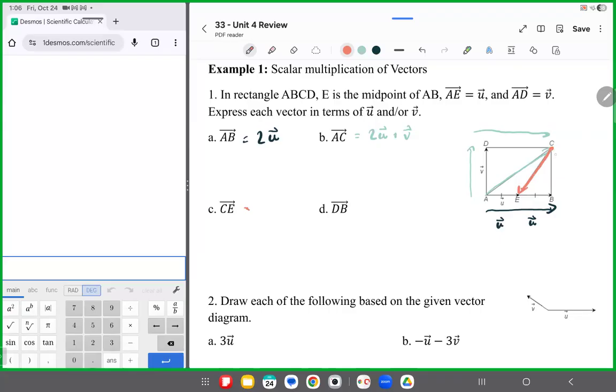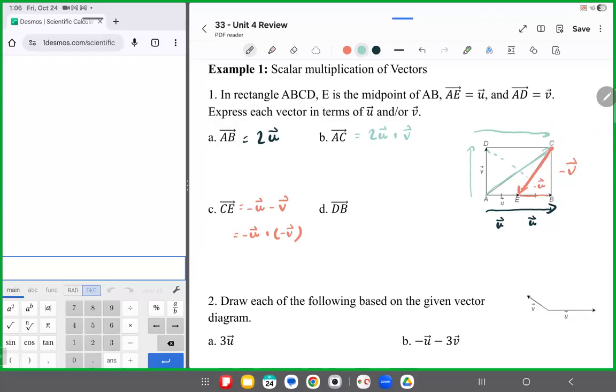So you can see here that we need a negative vector V because we need a vector CB and its equal vector would be DA, so that'd be negative V. And then we need the opposite vector of AE, which will be EA, which will be a negative vector U. So vector CE will be equal to negative vector U minus vector V. Or if you want, you could write this as negative vector U plus negative vector V if you so choose.